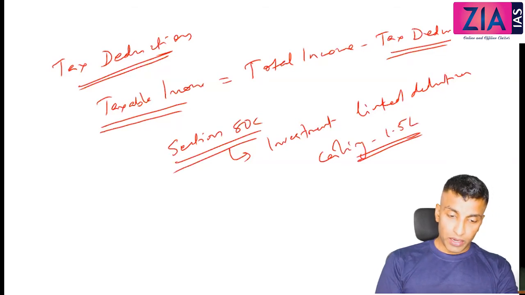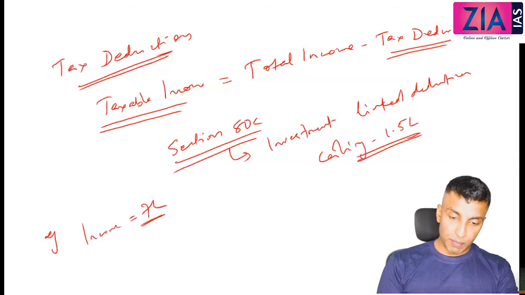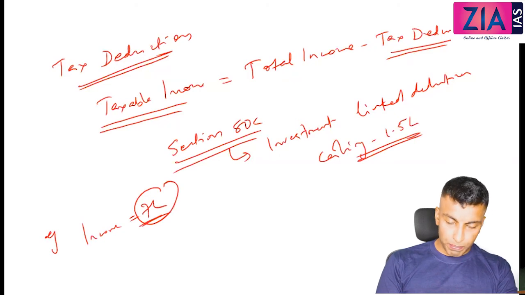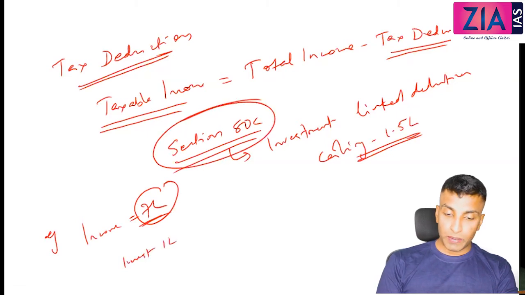Okay, for example, let's say your income is 7 lakh, as we discussed in the previous case. But out of the 7 lakh, you are investing in, for example, a fixed deposit or PF. Let's say there is an investment of 1 lakh which comes under this category. It could be LIC or any policy or any investment which comes under this.